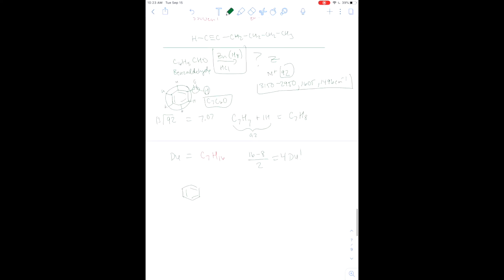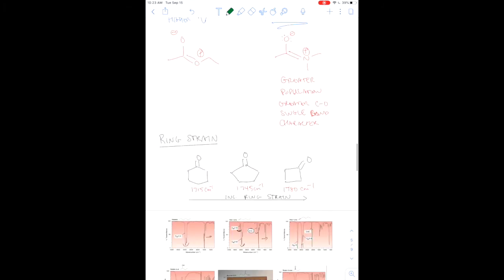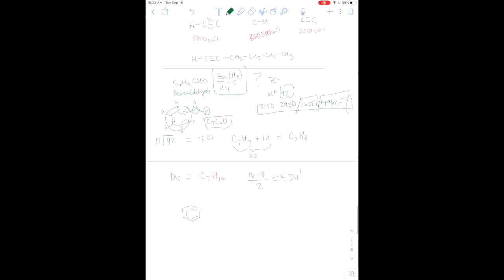Now the rest of that was 1605 and 1496. So let's see if that's in this chart. Yeah, right here we have benzene shows up at 1600 as well as 1500. So we had 1600 and 1496, which is benzene.